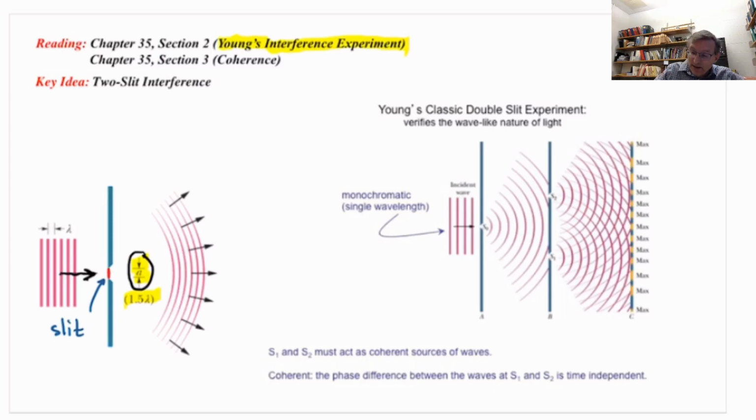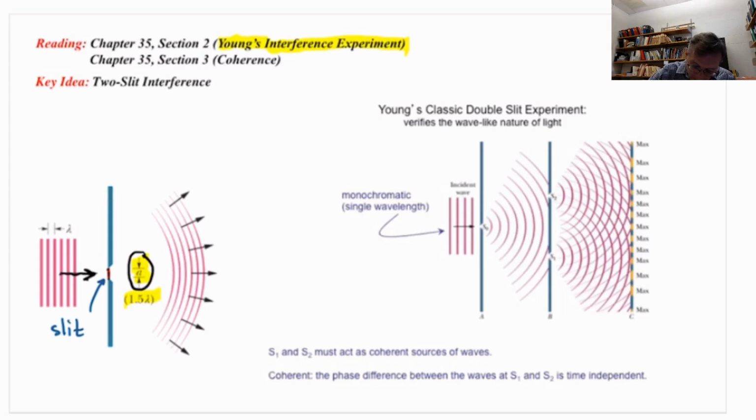But Huygens' principle tells me to think of that part of the wave front as a whole bunch of little point sources of secondary wavelets that will produce spherical waves going outward from there. And so the net effect is the electromagnetic wave, the light wave, propagates onward to the right, at least the part that can get through, but in going through that narrow slit, it kind of bends, flares, and gets curvature to it.